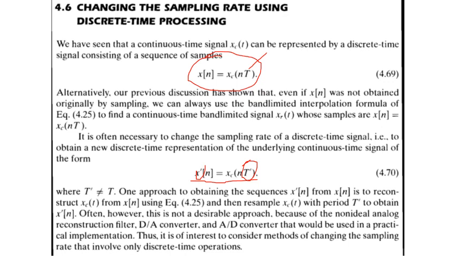As you can see, we have changed the sampling time; now T dash is not equal to T. One approach to obtain the sequence x dash of n from x of n is to reconstruct xc of t from x of n. So sometimes we are required to change the sampling time. There are two ways by which we can change it. Let's move on to the next slide and see how.